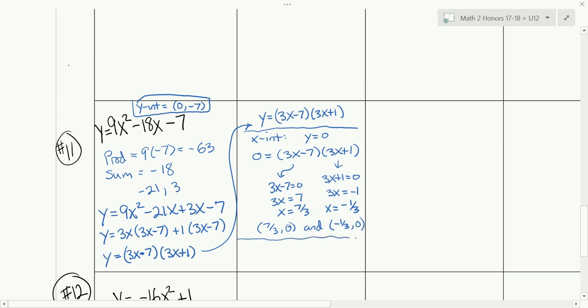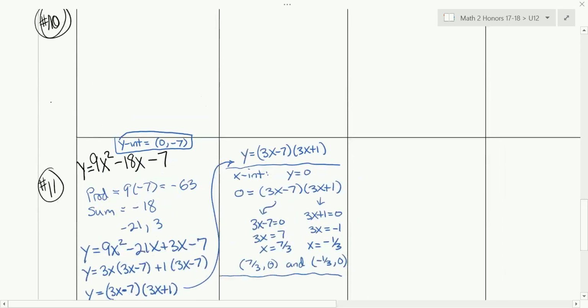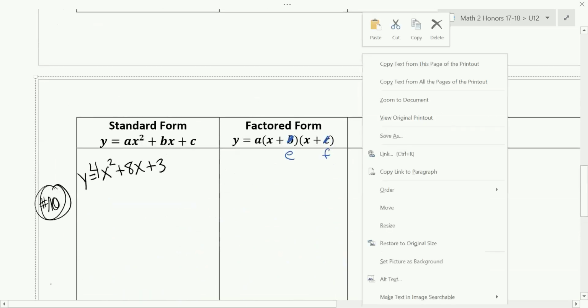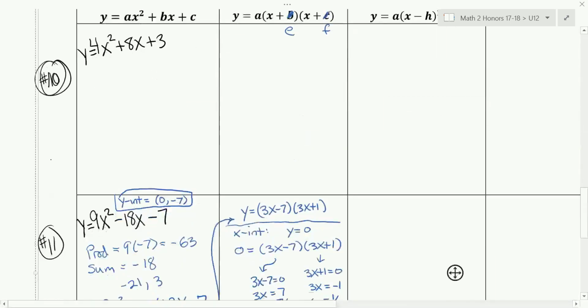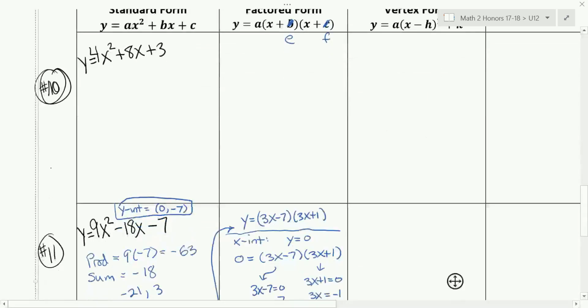Now I want you to notice that our factored form is not the factored form up here. Okay? And just to show you that, well, what's a in our equation? 9. Okay? Then you go ahead and look at factored form. Do we have that in the factored form?